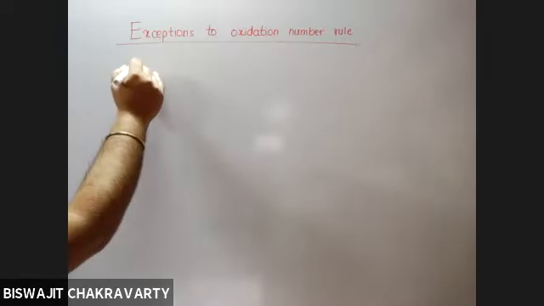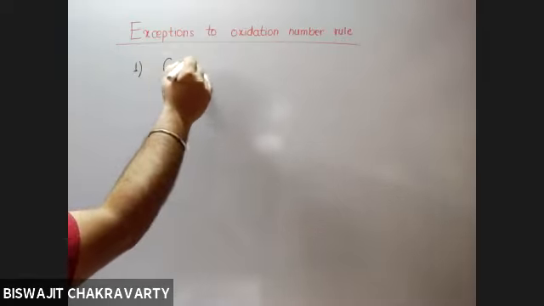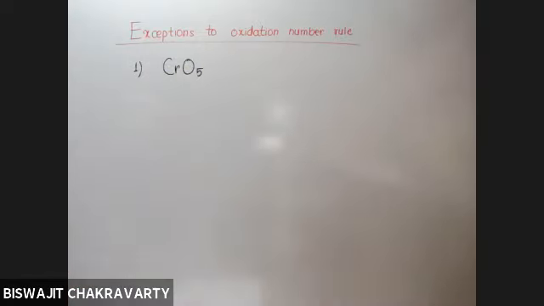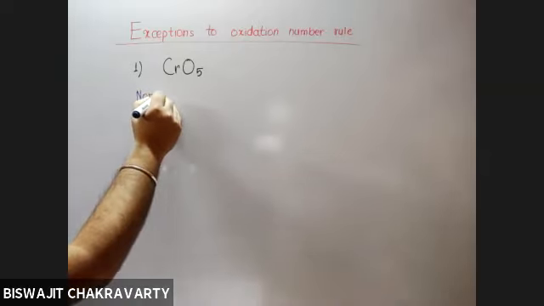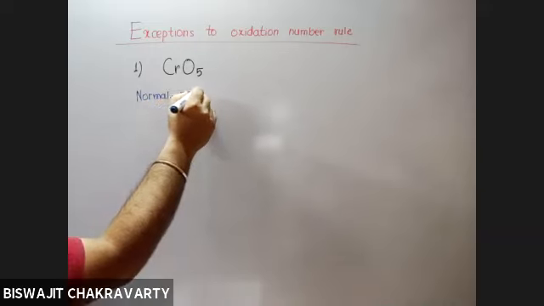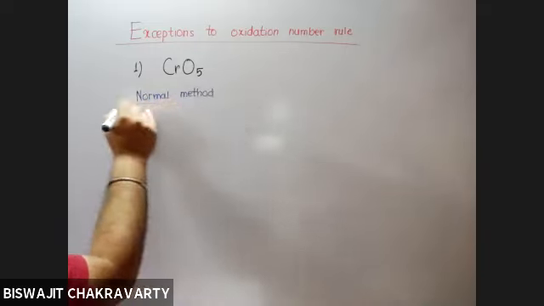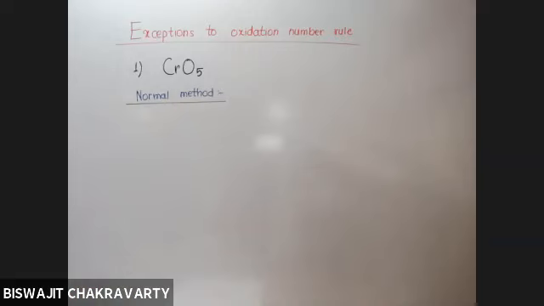Suppose you are given this particular compound CrO5, where chromium is associated with 5 oxygen. If you follow the normal method, according to which the oxidation state of oxygen should be taken as how much? -2, isn't it?